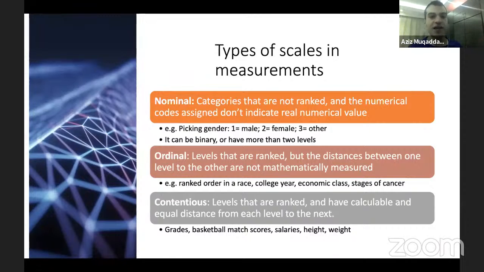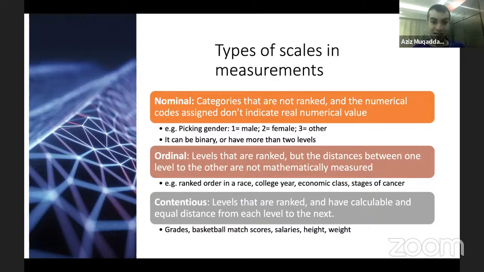Economic class is another example, right? There's no necessarily equal distance between lower middle class and middle class, and then from middle class to upper middle class. That's if you took economic class. Stages of cancer, God forbid, are different stages, but the distances are not the same.